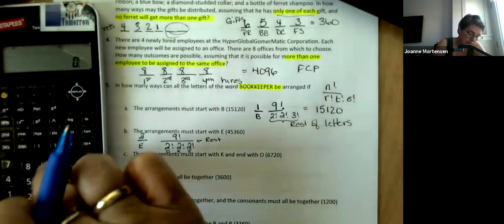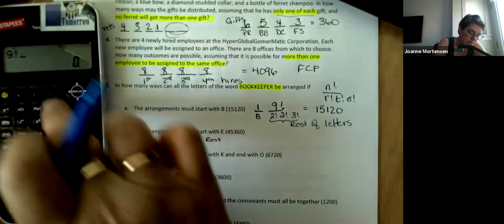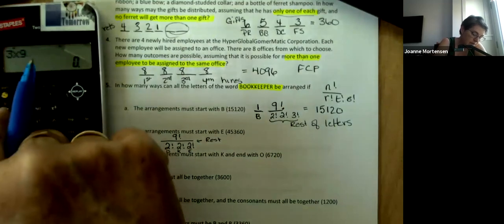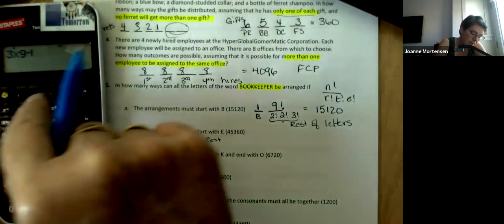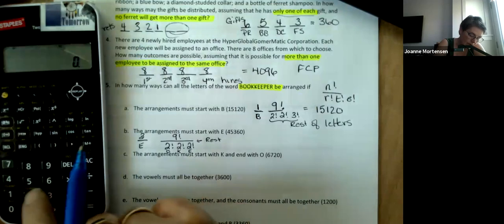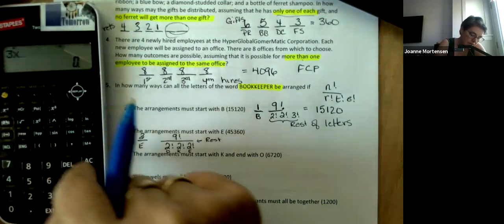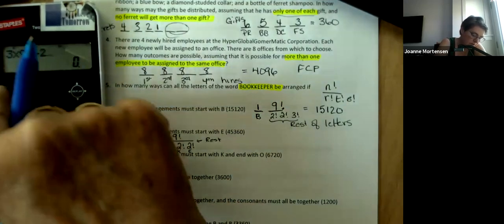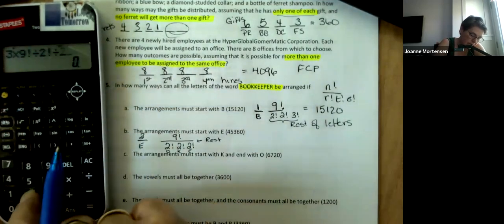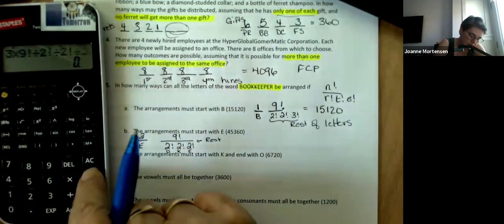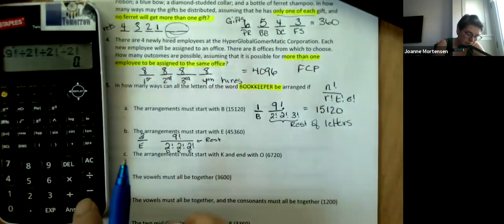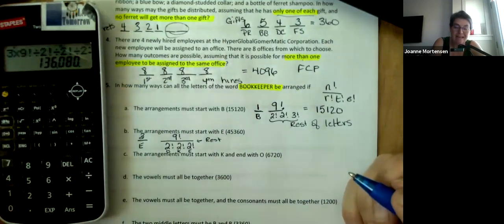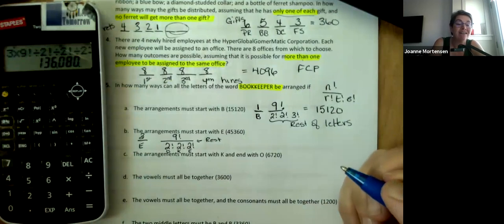Now let's try that 9 factorial. Oopsies. You need to remember the 3 times 9. Start over. 3 times factorial divided by 2 factorial divided by 2 factorial divided by 2 factorial, and that's not the same answer that we got.